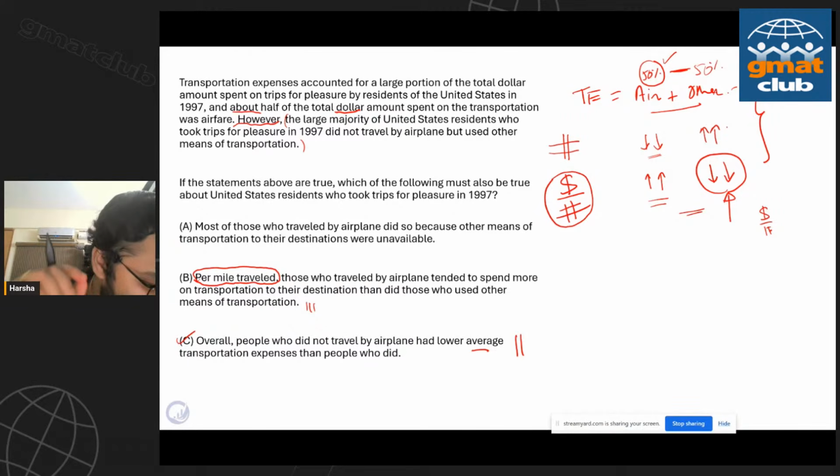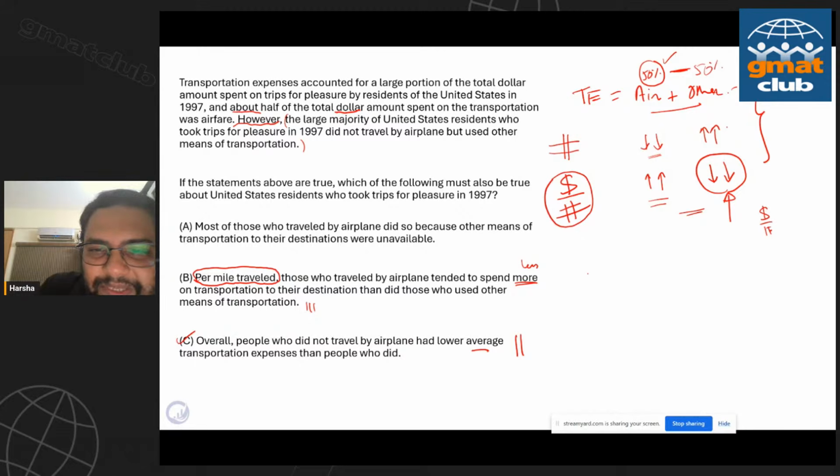But why is choice B wrong? That per mile travel changes everything. You could do it mathematically, but logically, what is being said is very simple. It does not have to be true, because even if per mile traveled, those who travel by airplane actually spent less, it is possible that people traveling by air covered such a ridiculously high distance that you got that 50% contribution in expense.